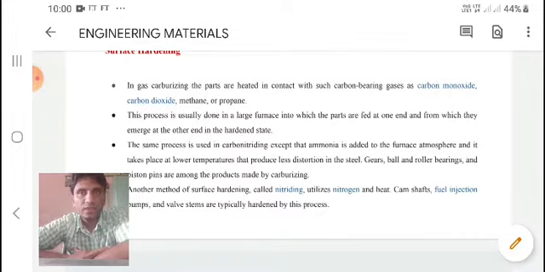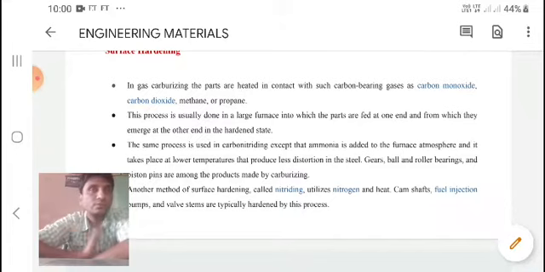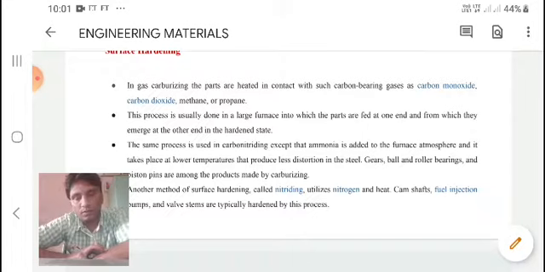In the furnace we have a carbonaceous gas, and the parts are heated to a temperature, and at this temperature the carbon in the gas diffuses onto the surface of the components, which gives the components hardness.